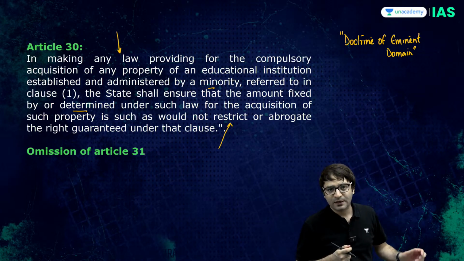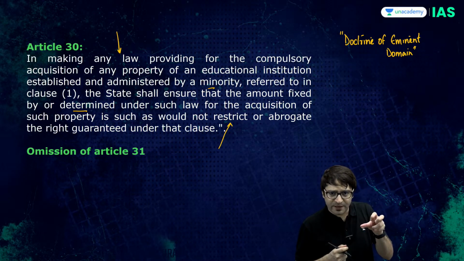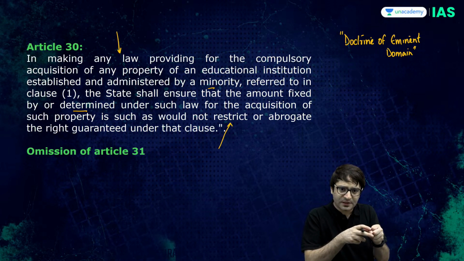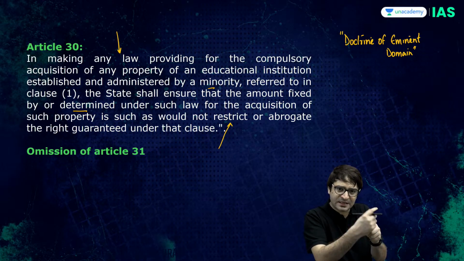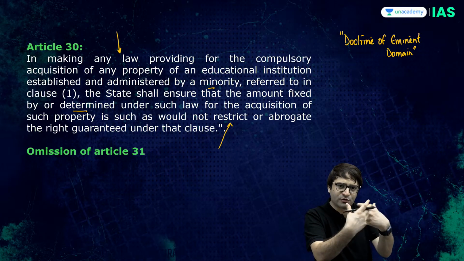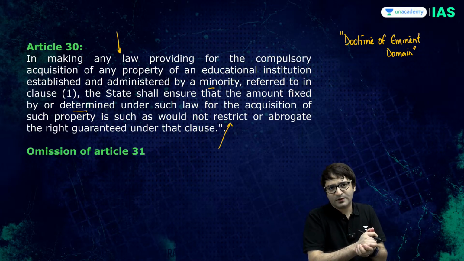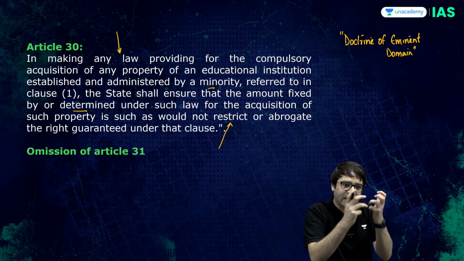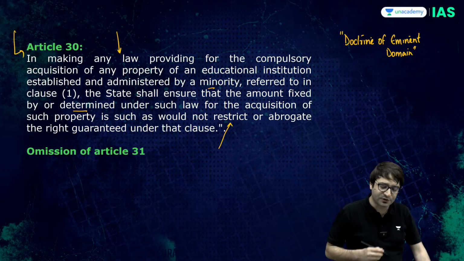What does that mean? You want to acquire the property of a minority educational institution. For that, you have to give them compensation. But the compensation should not be so small that it will not let this minority educational institution continue. So in a way, we can say that this right to property was retained as a fundamental right for minority educational institutions.